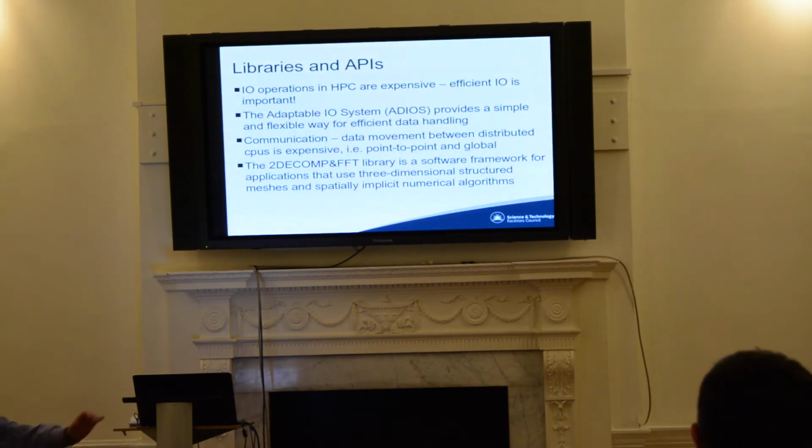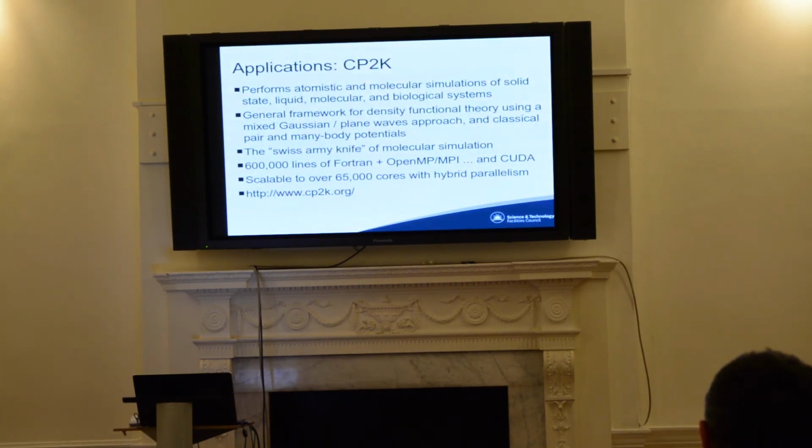So now, I guess on to the last three or so slides, and I'll talk about three different widely used applications in HPC. The first of which is CP2K, and I think it's an ab initio or atomistic and molecular type simulations package, and it generally contains quite a lot of functionality.